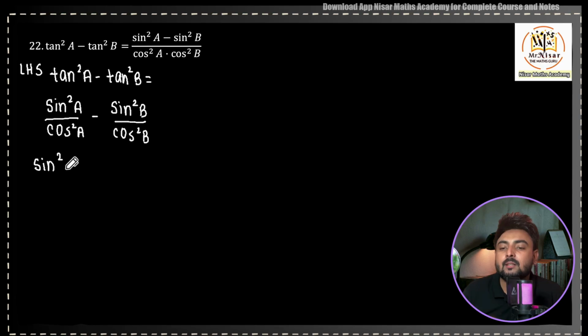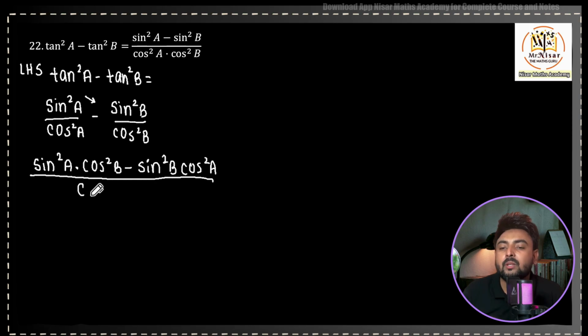It becomes sine square A, cross multiply like this first, then this, and then the denominator. Sine square A into cos square B minus sine square B into cos square A upon, in the numerator we got this, and in the denominator it will be cos square A into cos square B.